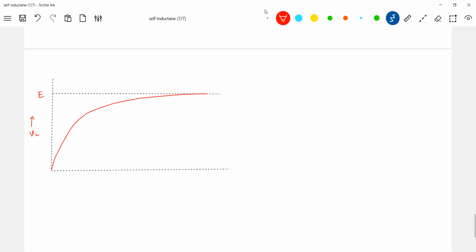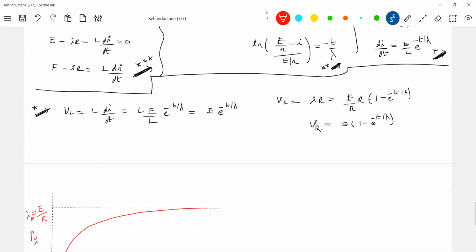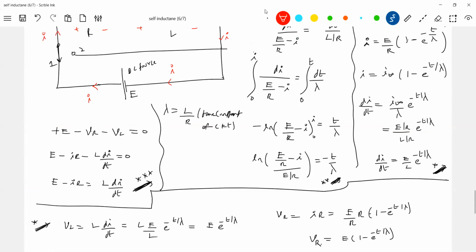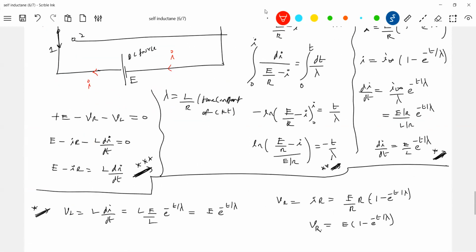What about the current through the inductor? We are first interested in current. This is equal to the steady state current, and t is in seconds. So we'll define one time constant. What is the time constant? Time taken for the current to become 63% of maximum value.